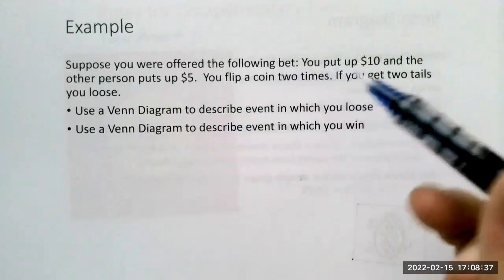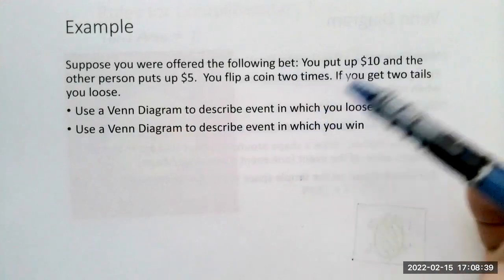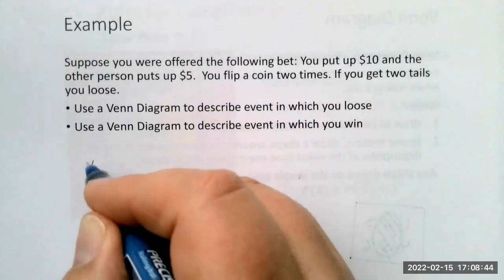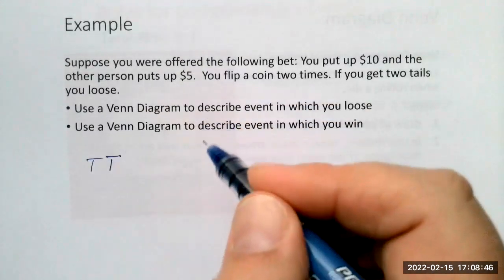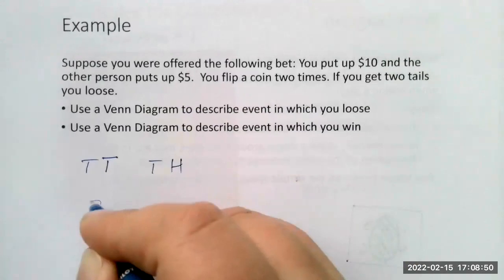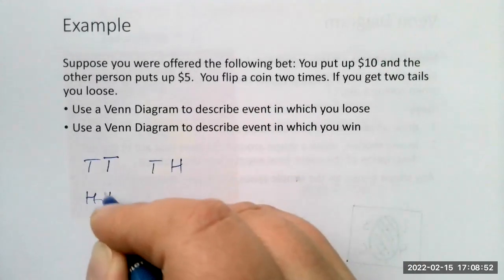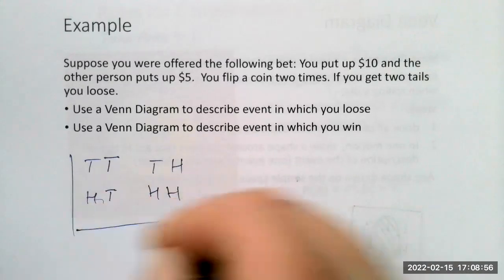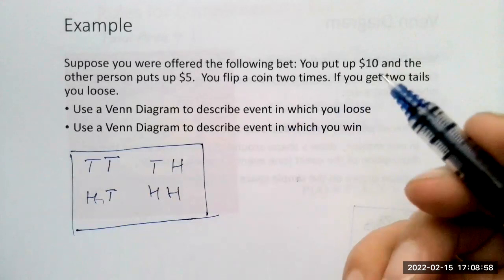So what is our sample space? You can get 2 tails by flipping twice, right? You can get tail and head, head and tail, and you can get 2 heads. So that's your sample space. It goes in a square.